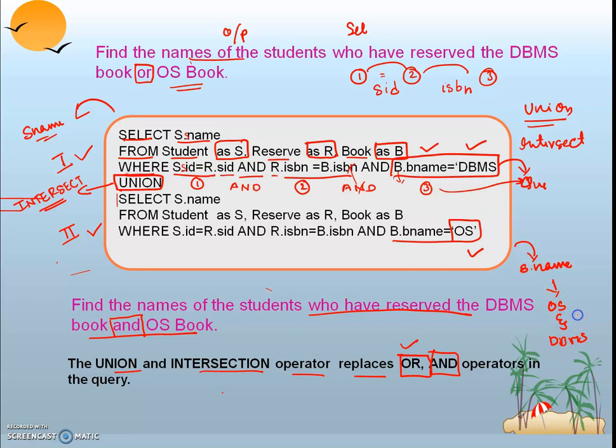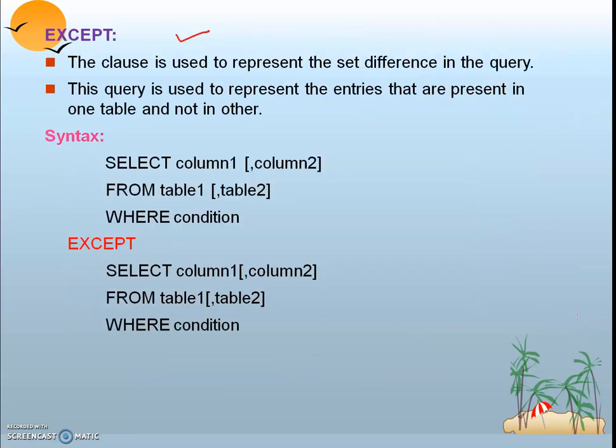Okay, so next query. What is that? It is about except. So what does except say? Except is used to represent the set difference, that is minus, in the query. This is used to represent the entities that are present in one table and not in the other table. The keyword for except is NOT.